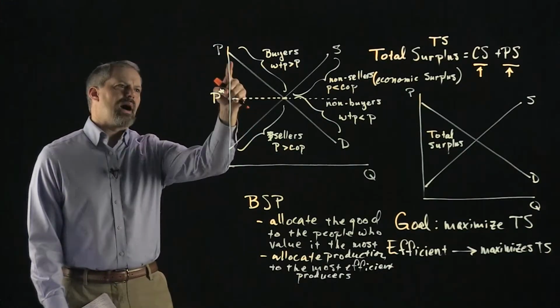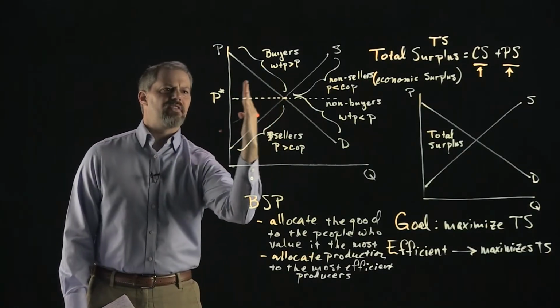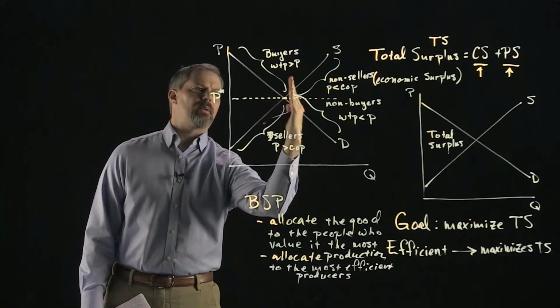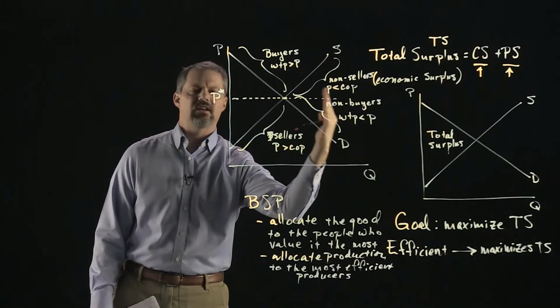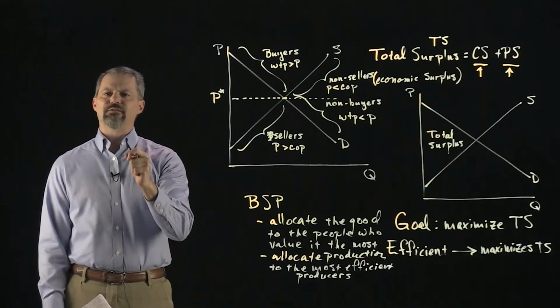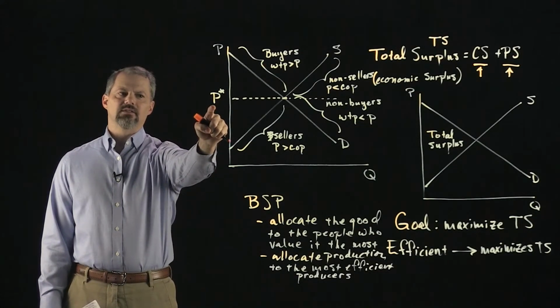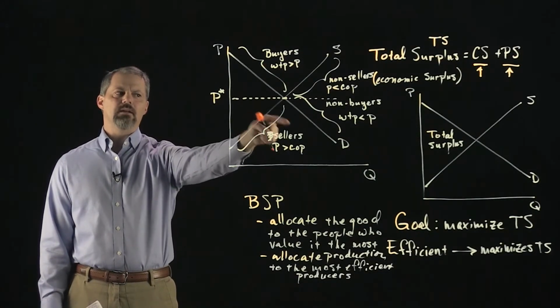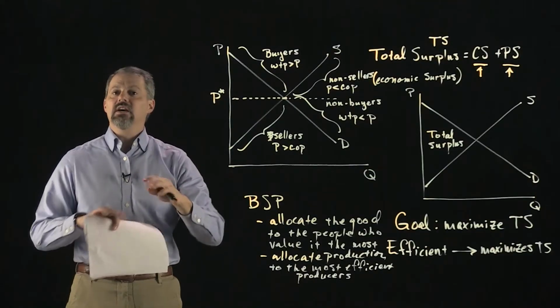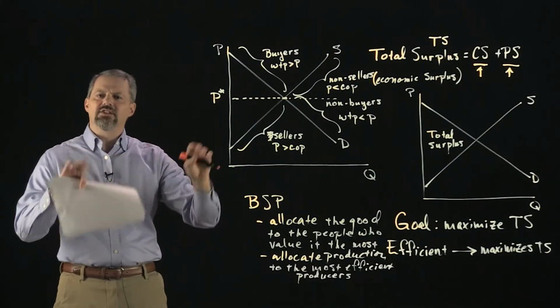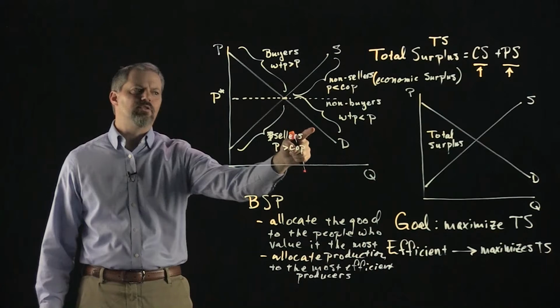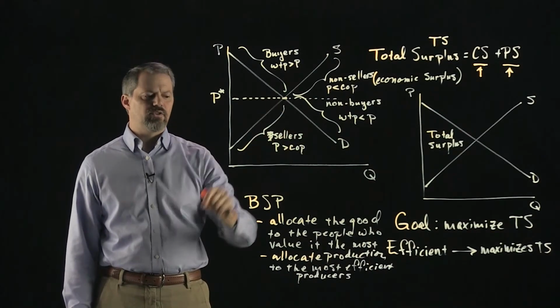So notice that the buyers and the sellers are represented on this portion of the picture, and the non-buyers and non-sellers are represented on this portion of the picture. In a free market, that price signal causes the buyers and non-buyers, the sellers and non-sellers, to sort themselves voluntarily into two groups, those who buy and those who don't, those who sell and those who don't.